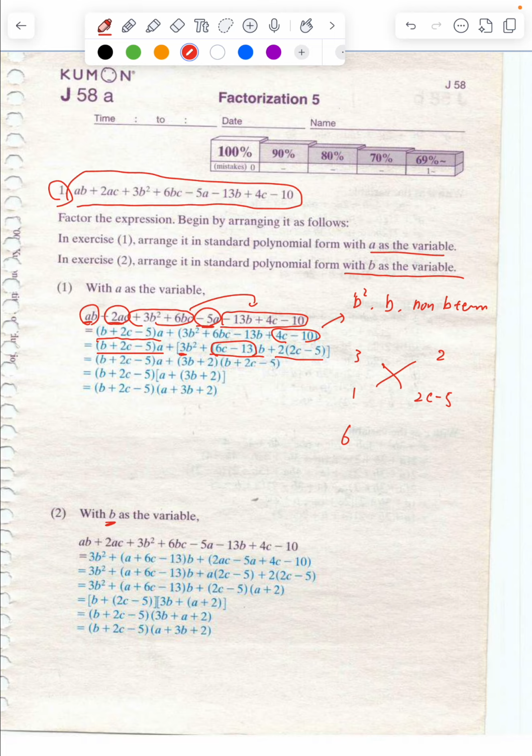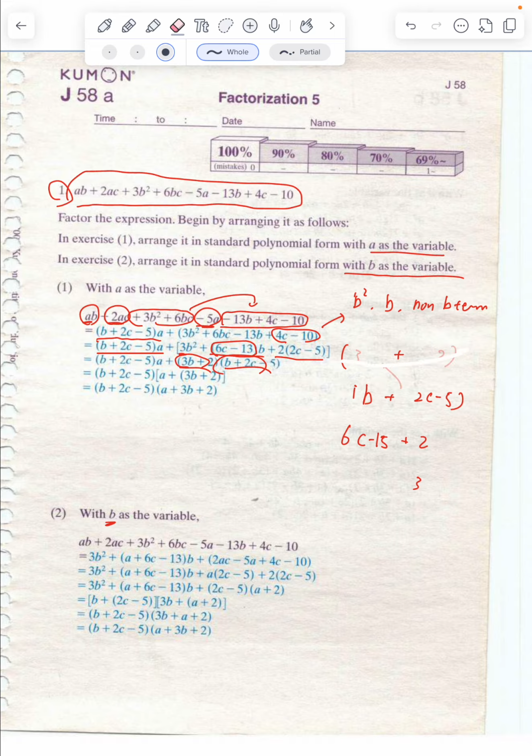In this case, we have 6C minus 15, plus the 2, so this is 6C minus 13. You will see that the 6C minus 13 perfectly matches. So to factorize this later part, we will have 3B plus 2 as the first term, which matches this, and then 1B plus 2C minus 5 as the second term. Now we've finished the factorization for this one.